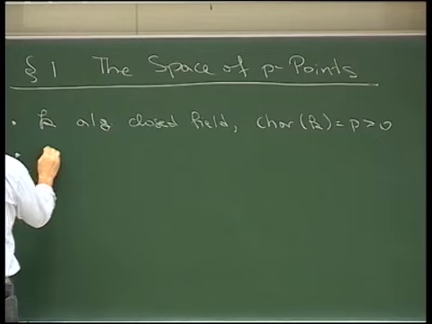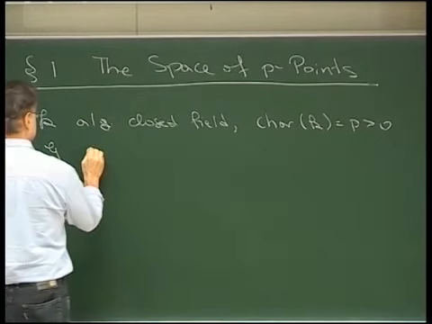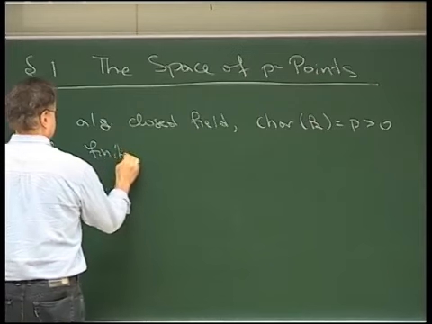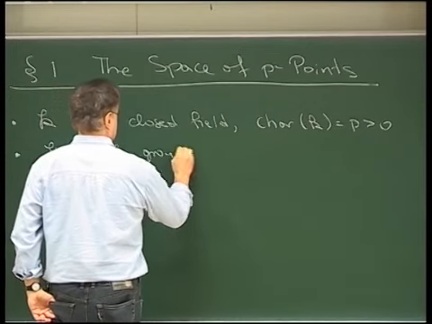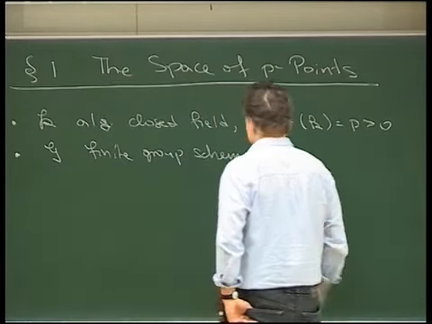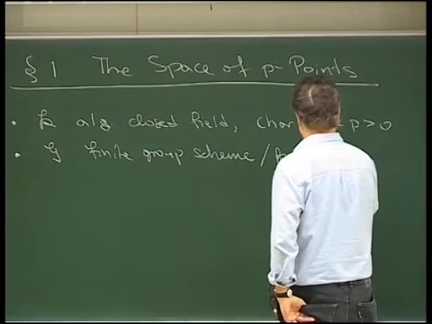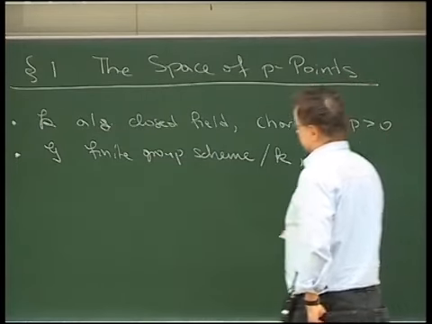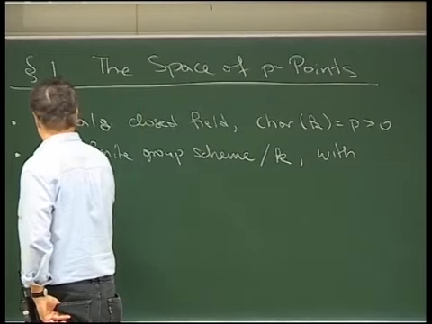And the objects we'll be studying are finite group schemes defined over K. Such a group scheme comes along with its coordinate ring.